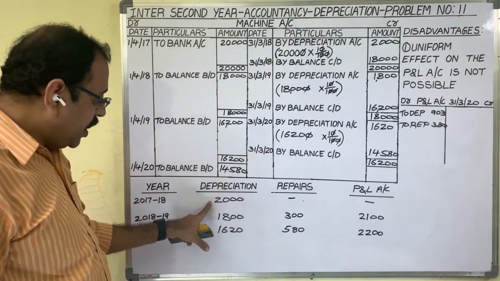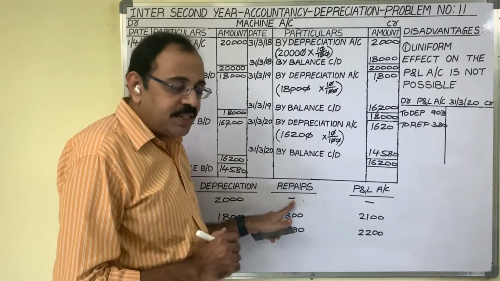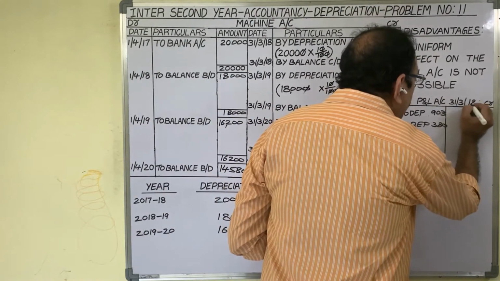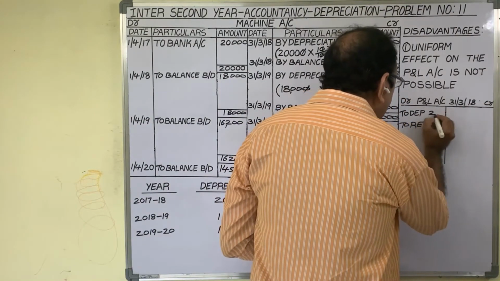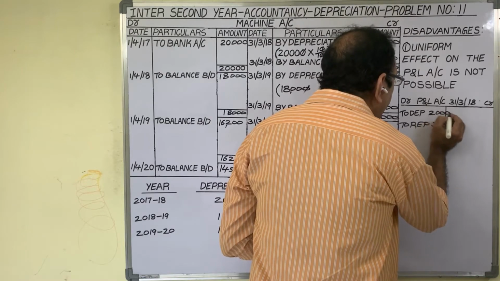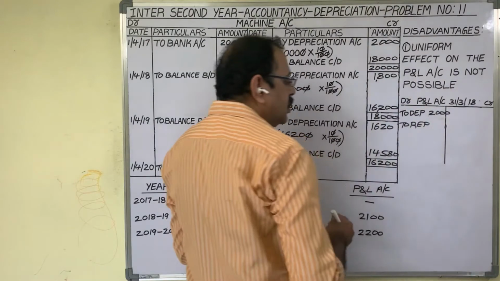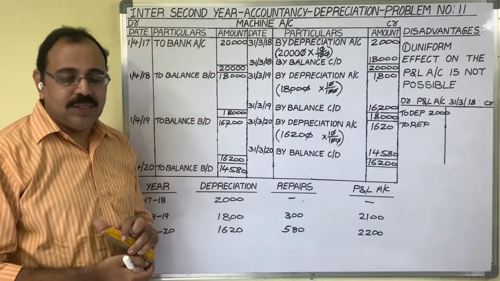First year depreciation amount 2000. There is no repair expenditure. First year on 31st March 2018, depreciation 2000 will be debited to profit and loss account. No repair charges. So first year burden on P&L account is 2000 rupees.